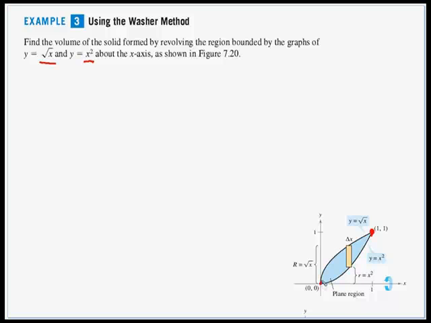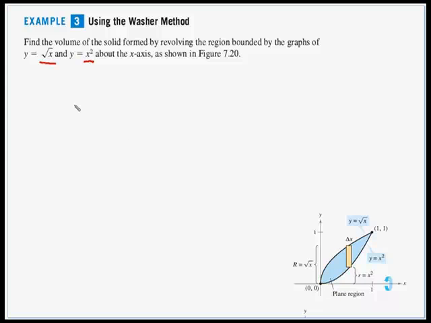So the square root function starts up steep and then starts to taper off. The x squared function starts out slowly and then starts to accelerate. So here, and we can just tell by the picture, the square root of x is our upper function, and the x squared function is our lower function.